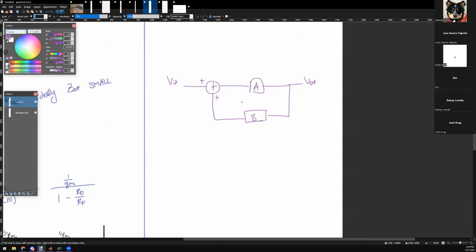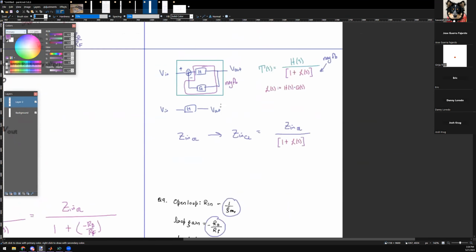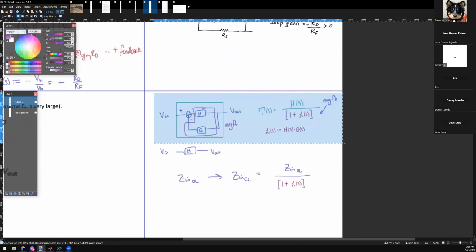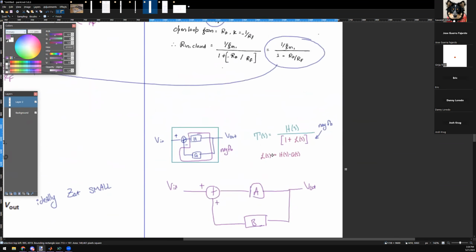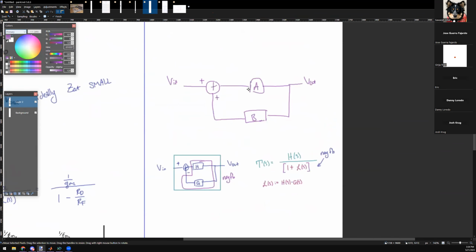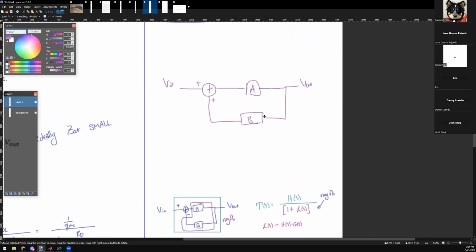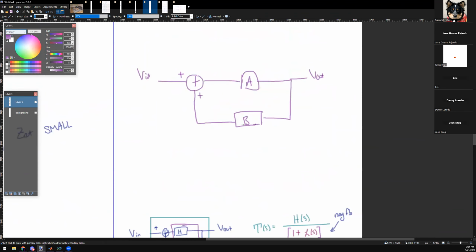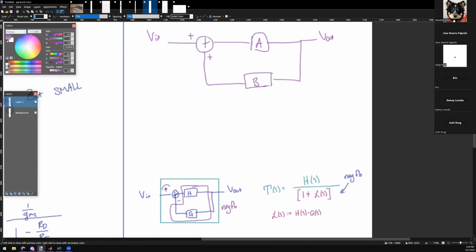So the question is, does this block look like this block? Nope, because it's missing a negative. So I know it's positive feedback, but I'm going to make it negative feedback.